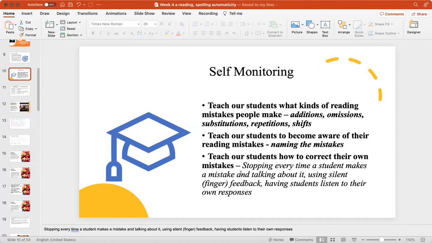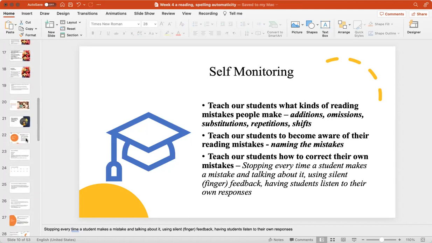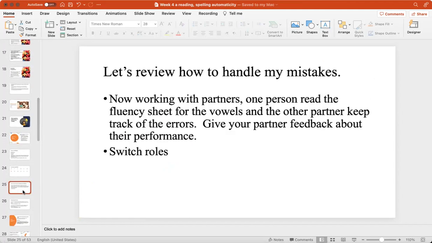And then when you first do this, you stop every time that your student makes a mistake and talk about it. And then you could have your hand above where they're reading, and when they make a mistake, you just stop and see if they can self-correct. Okay? So for this exercise, do it with correcting each mistake. But when you're working with your students, see if you can move to that.